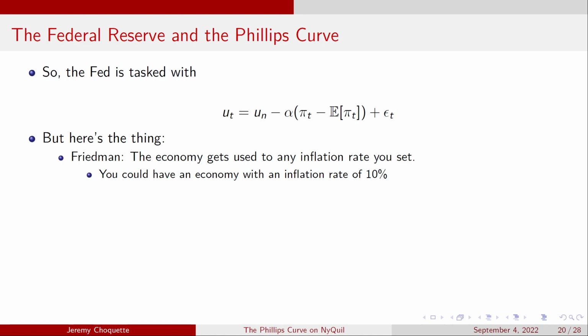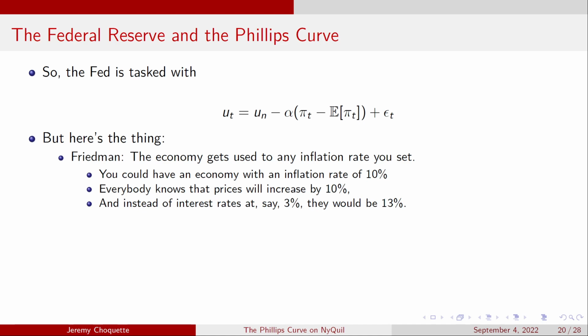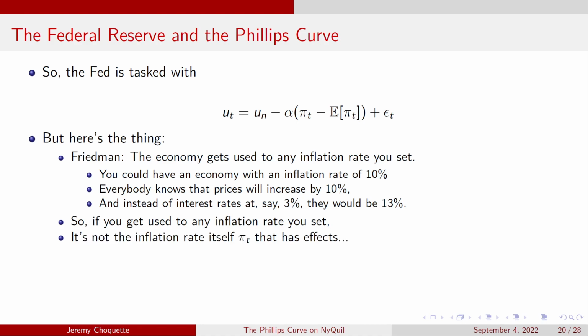You could theoretically have an economy with an inflation rate of 10%, because everybody knows that prices will be increasing by 10% per year. And maybe instead of interest rates at 3%, they could be 13%. So if you get used to any inflation rate that you set, it's not inflation itself that matters. It's surprise inflation. It's the trickery.